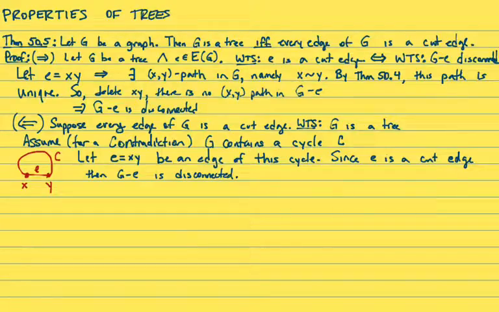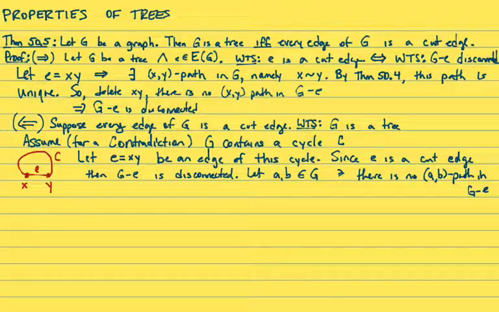If you remove it, it's no longer connected. So if it's disconnected, we're going to let A and B be two vertices for which there is no path in G minus E. So let A and B be in two different components of G minus E. So there is no path from A to B.